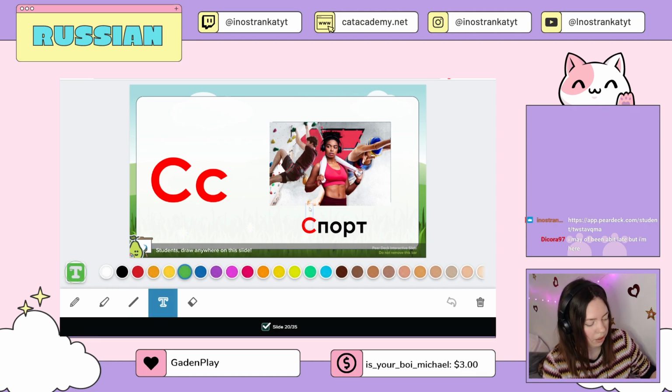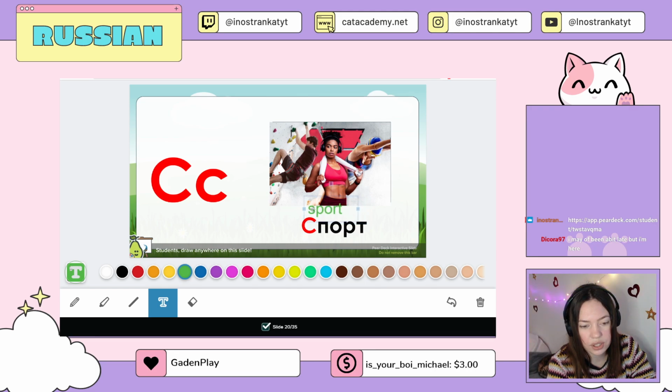So if we compare, okay, this is the Russian alphabet. Again, can't switch it. Sport. So we can see five letters in the English alphabet and five letters in the Russian alphabet.